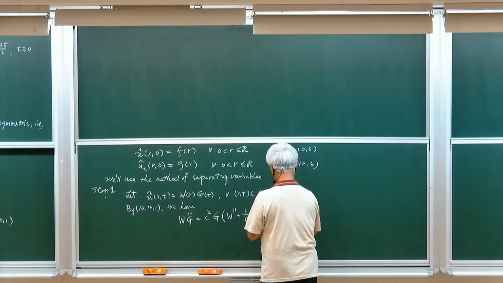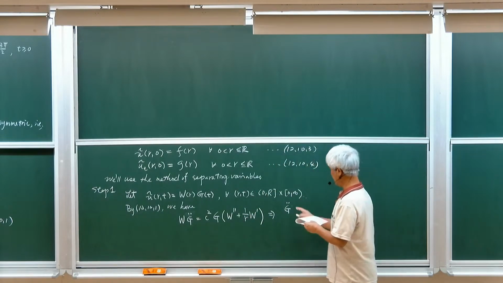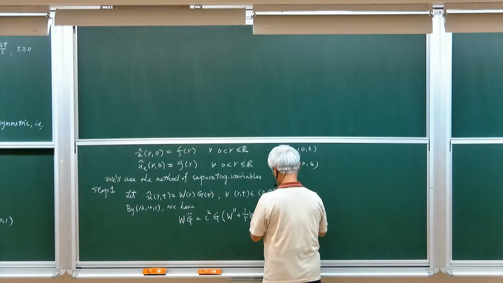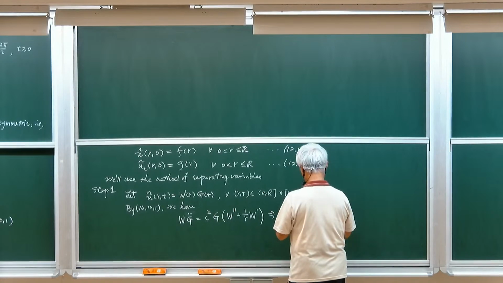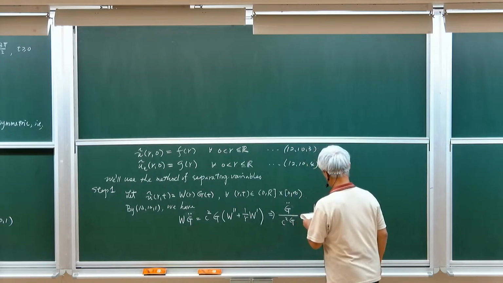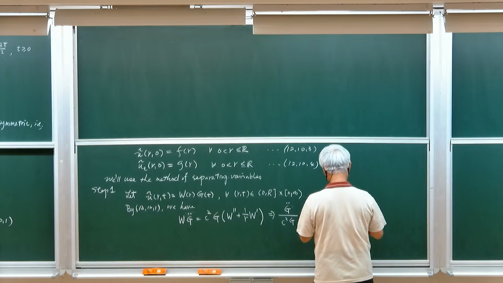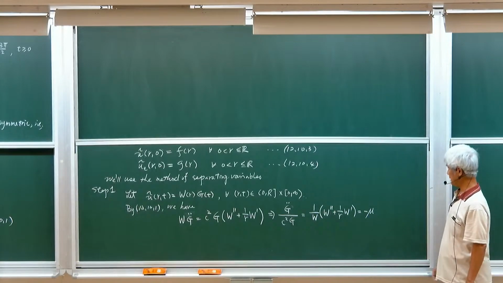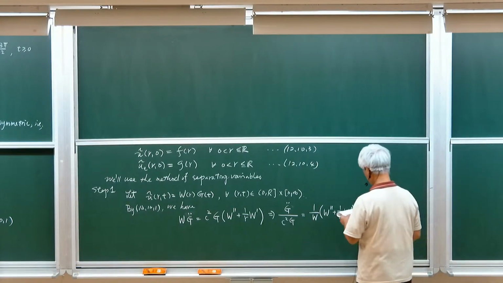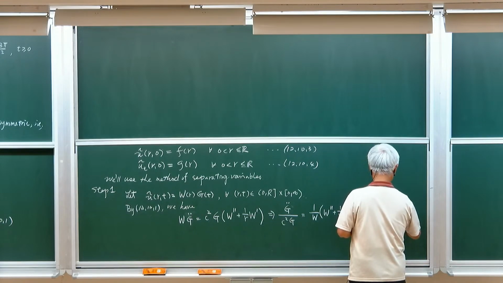Now this becomes G double dot divided by c squared G equal to 1 over W times (W double prime plus 1 over r W prime). And we set this equal to minus mu, a constant.